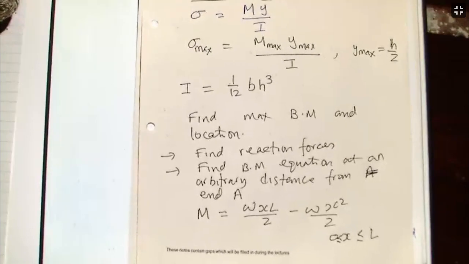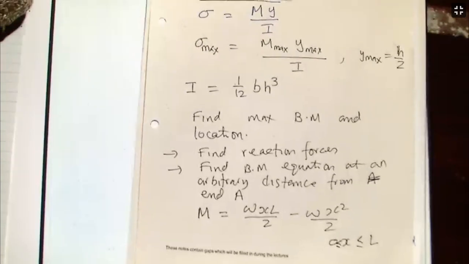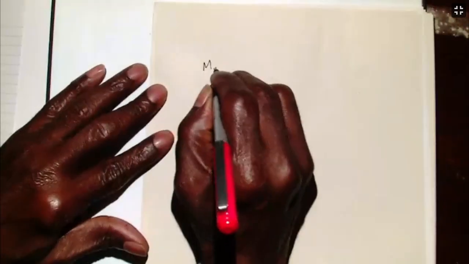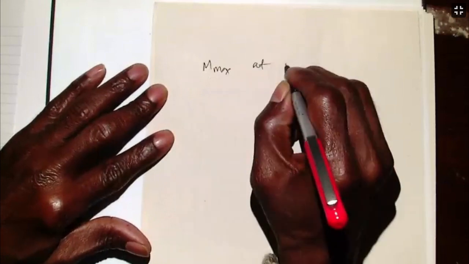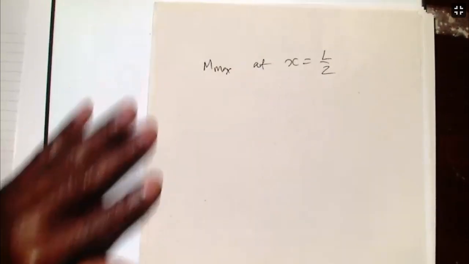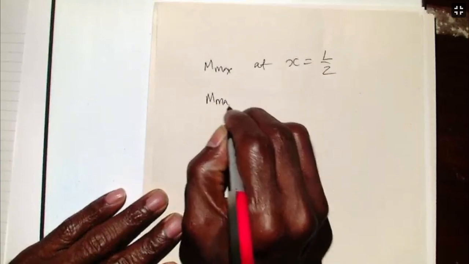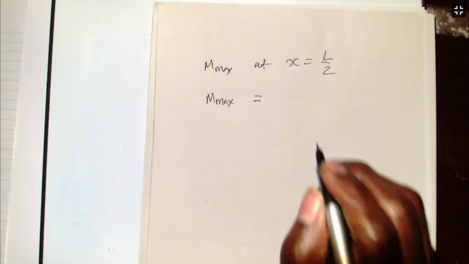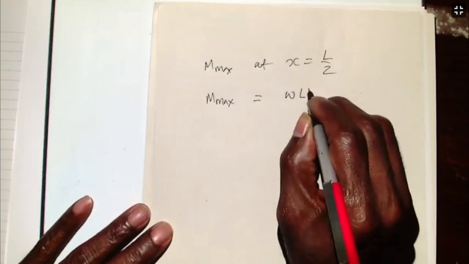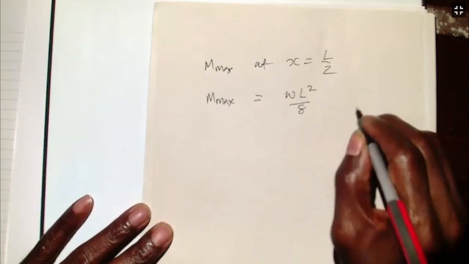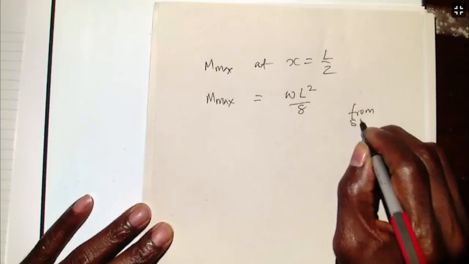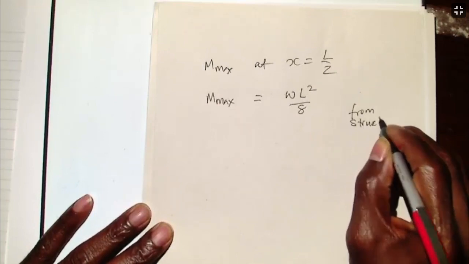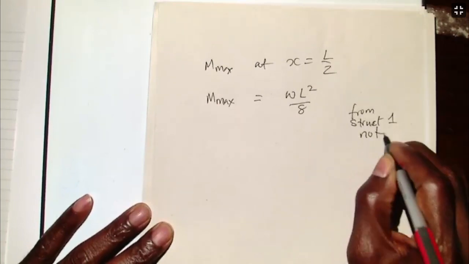So the maximum bending moment occurs at the center, at x equals L over 2, and M max here equals W L squared over 8.